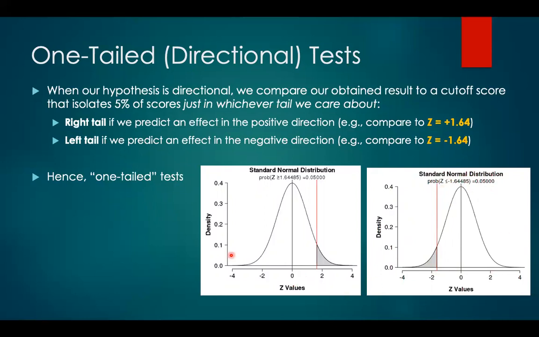So this is a visualization of what these distributions would look like in the Shiny app and what our cutoffs would look like in the Shiny app for positive directional hypotheses and negative directional hypotheses. So this is fairly intuitive.